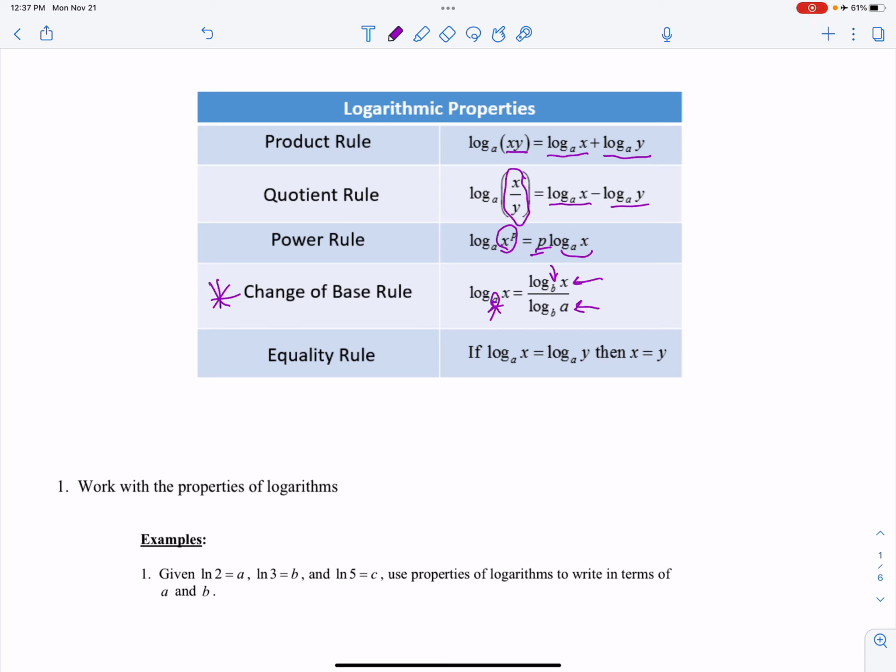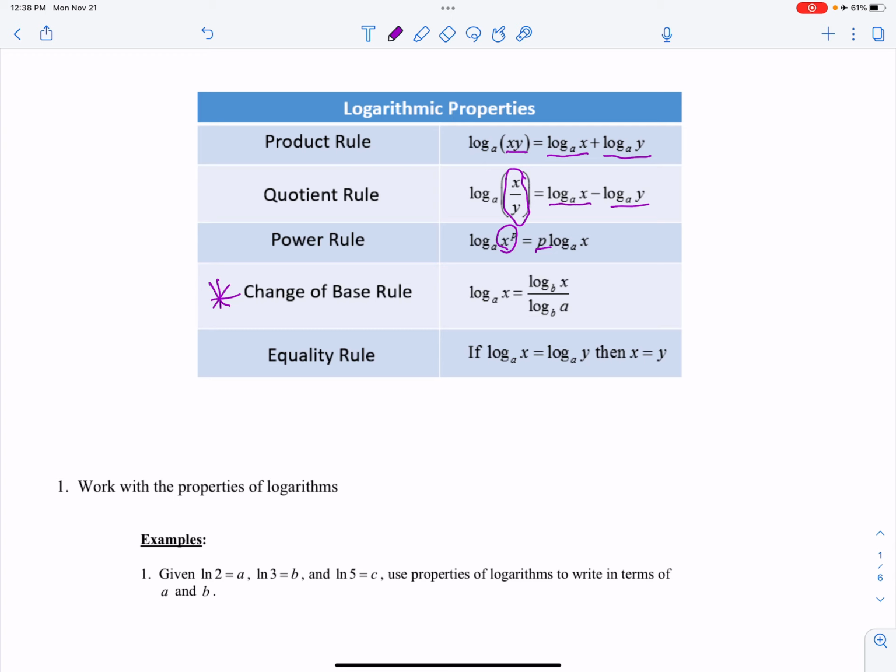So now you can see that we have turned it into logs working with a different base. Most commonly, like I said before, we're trying to turn it into base 10 because that's a lot easier for us to put in our calculator and kind of get a value of where it is. The change of base formula is going to be essential, so I would highly recommend memorizing that one.